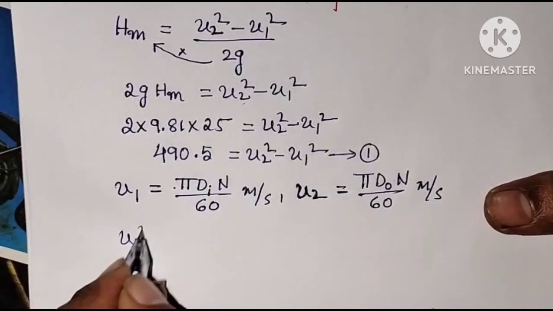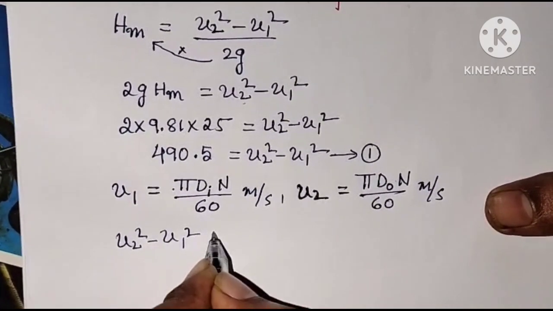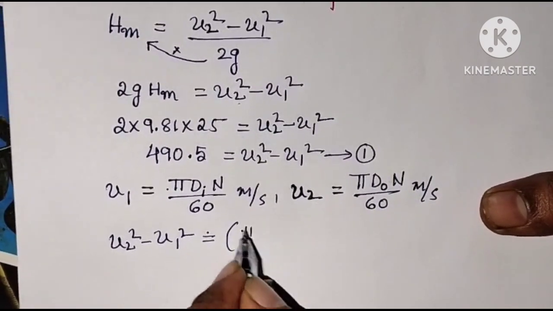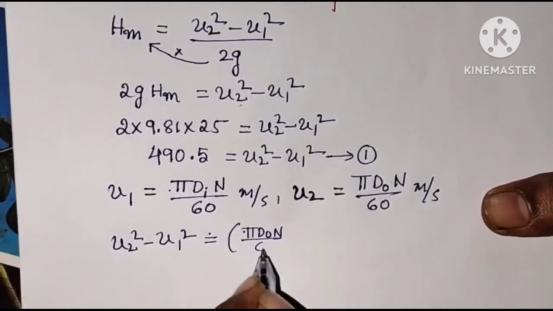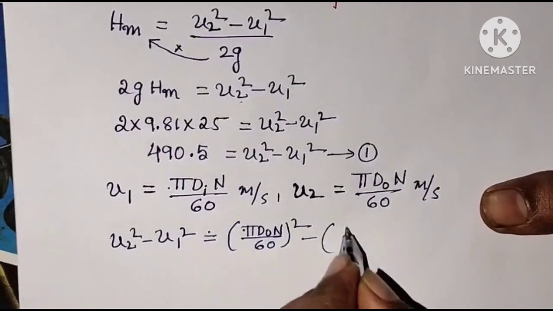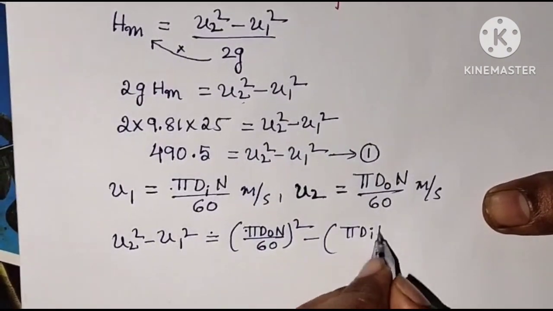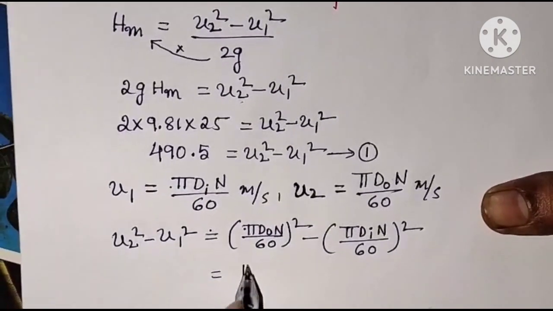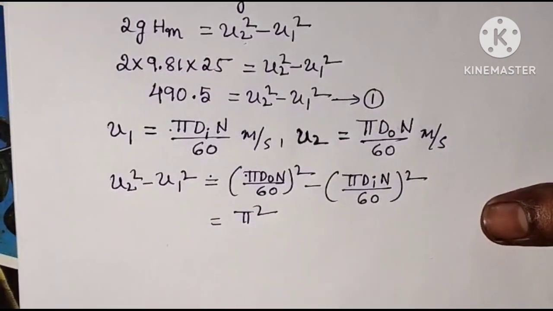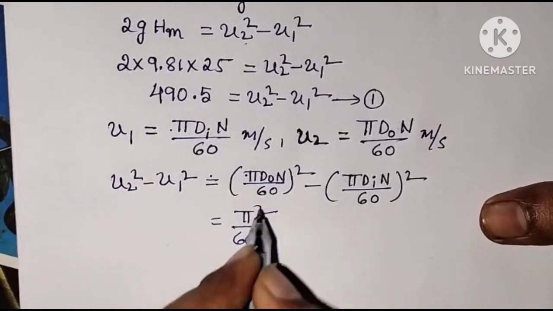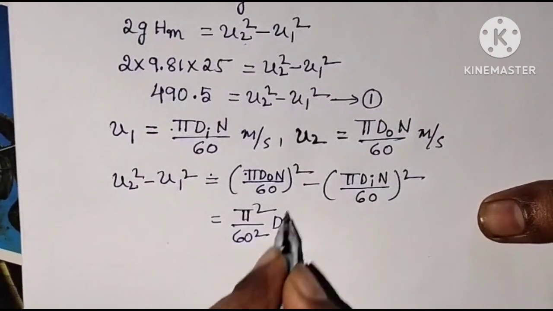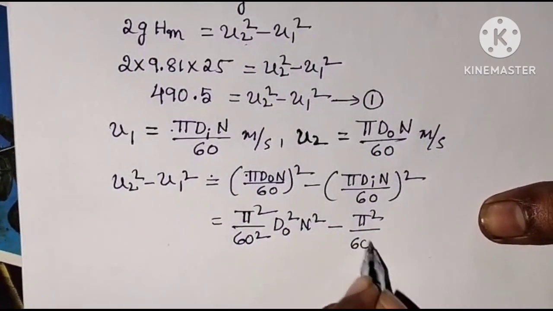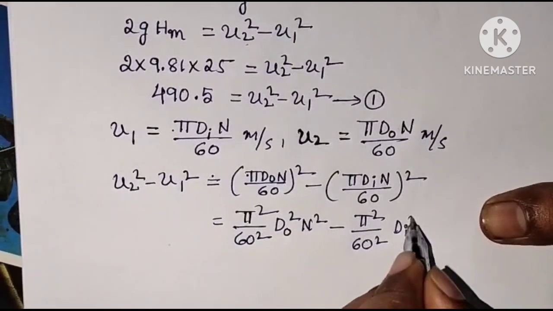U2 square minus U1 square is equal to pi D naught N by 60 whole square minus pi Di N by 60 whole square. So we can write it as pi square by 60 square D naught square N square minus pi square by 60 square Di square N square.